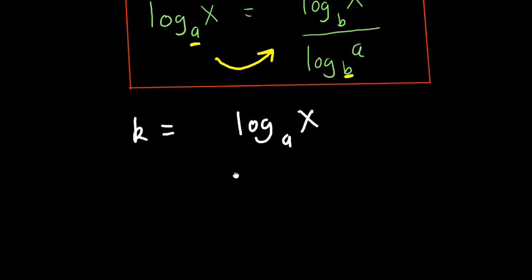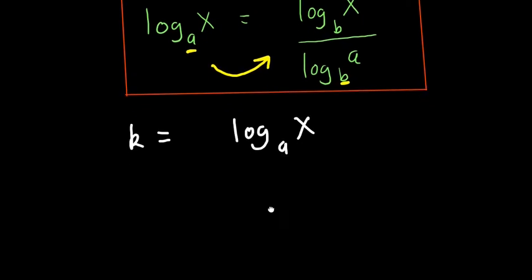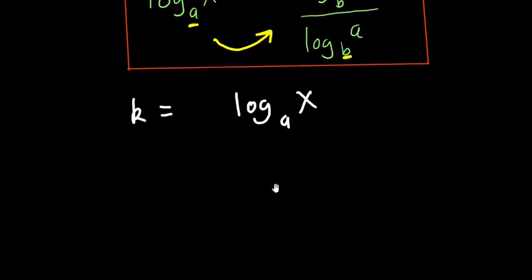Okay, so since our intent is to remove a as our base and to introduce a new base, we have to make x the separate formula, because by making x the separate formula, we know that a becomes a base and k becomes a power.